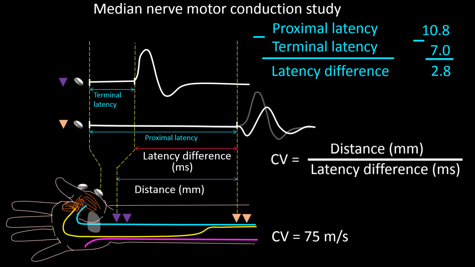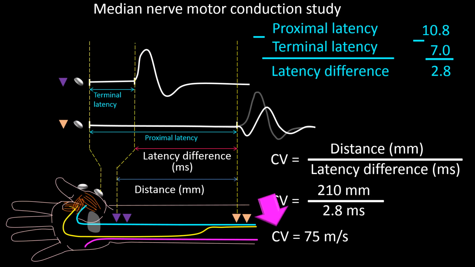So conduction velocity, as you know, is calculated in the customary fashion by dividing the distance in millimeters between the cathodes by the latency difference. So 210 is divided by 2.8, giving a velocity of about 75 meters per second. This is a falsely fast conduction.